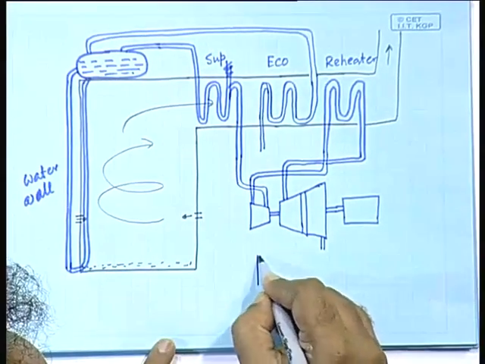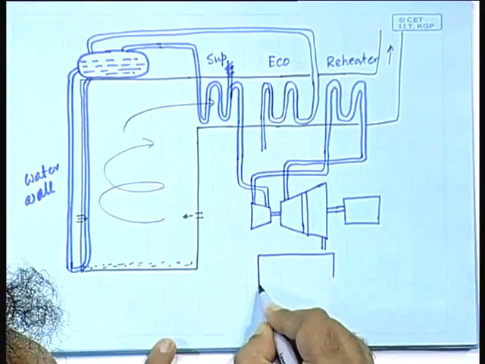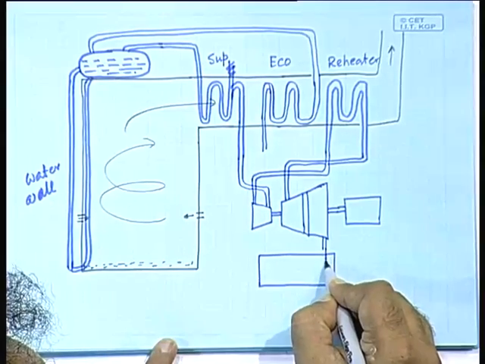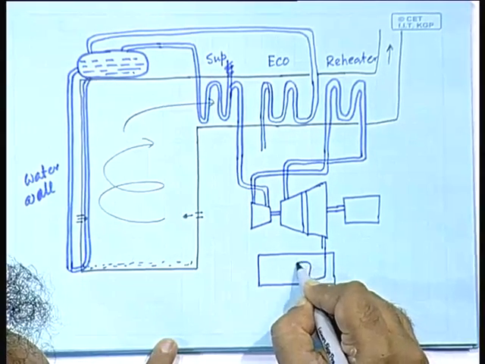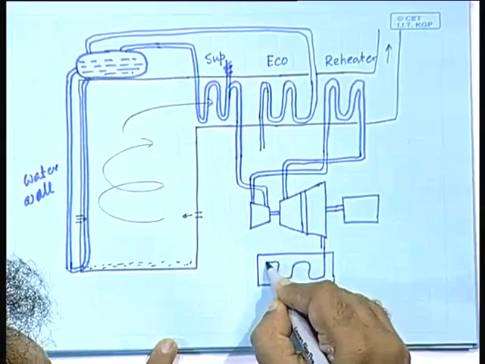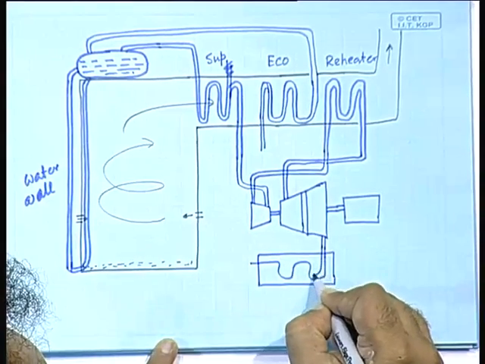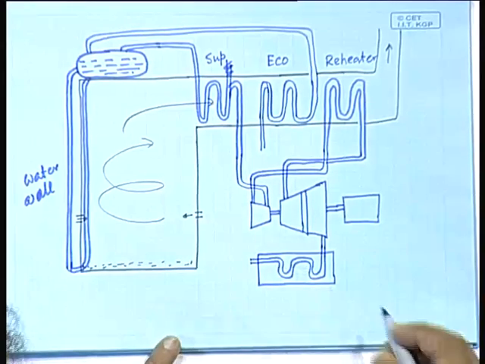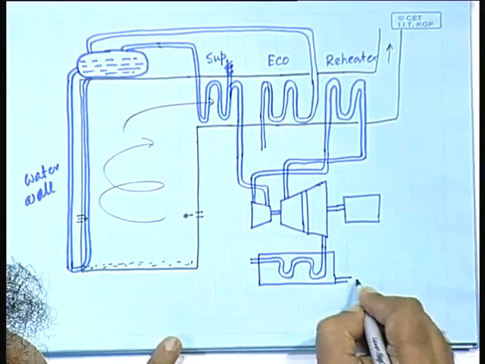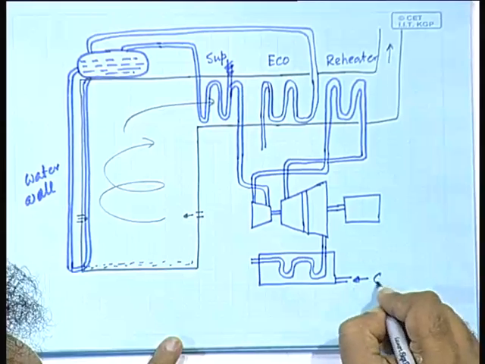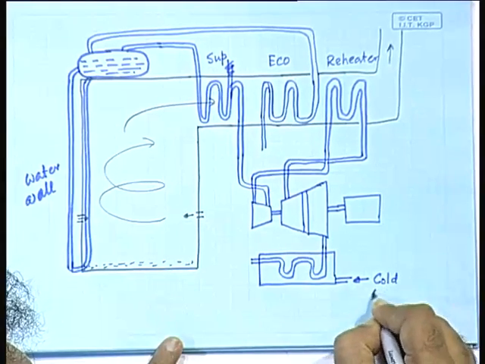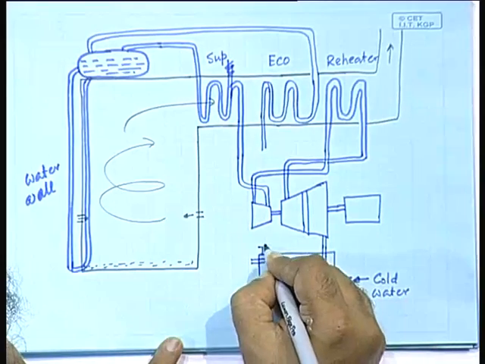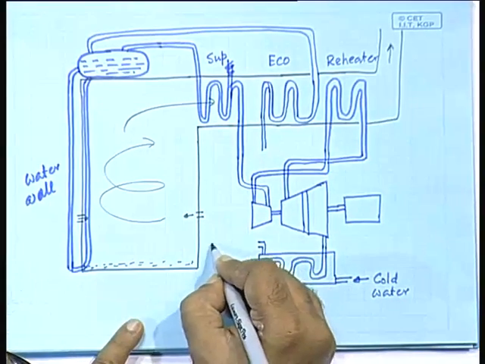So, you have here the condenser stage. You have this as a process going, and here you have the cold water inlet and here you have the hot water outlet.